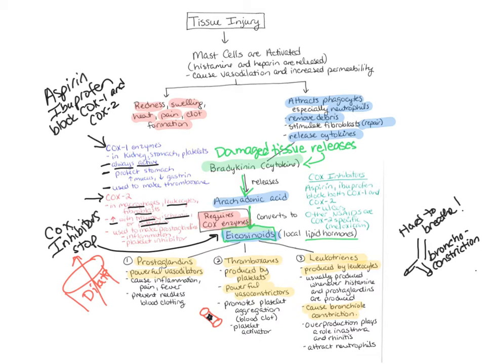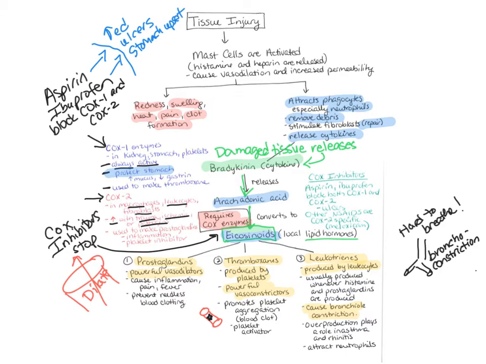And what I said was that COX-1 is there to help protect the stomach, to increase mucus production and decrease gastrin. So if we're blocking that and we're giving a person aspirin or ibuprofen, they have a higher chance of stomach problems, ulcers, stomach upset from taking these.